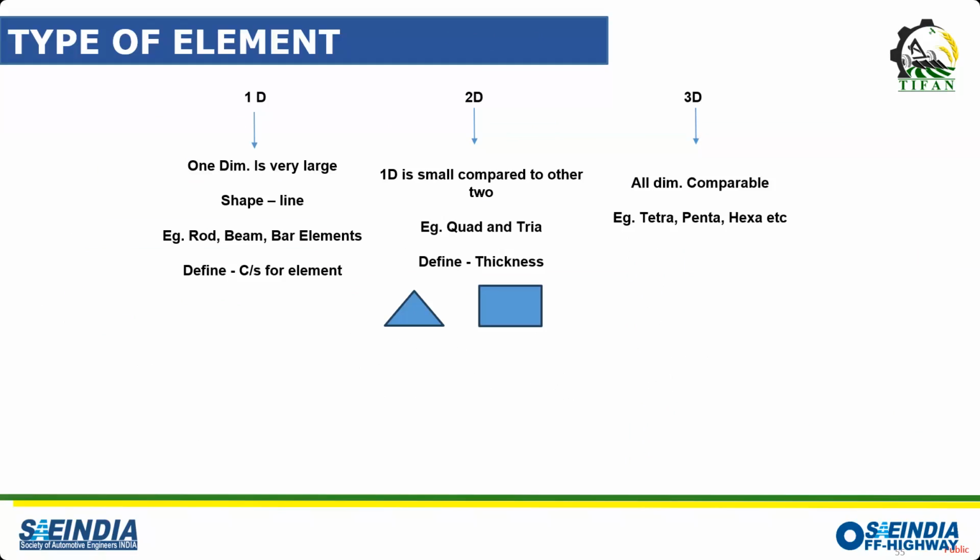We are close to finishing, so I will just quickly run through. For 2D, we have quad and tria elements, and they look like this. For 3D, we have tetra, penta, and hexa elements. Generally 2D we use up to 10 mm thickness, and beyond 10 mm we use 3D elements. We can go to the next slide, Dharmendra.